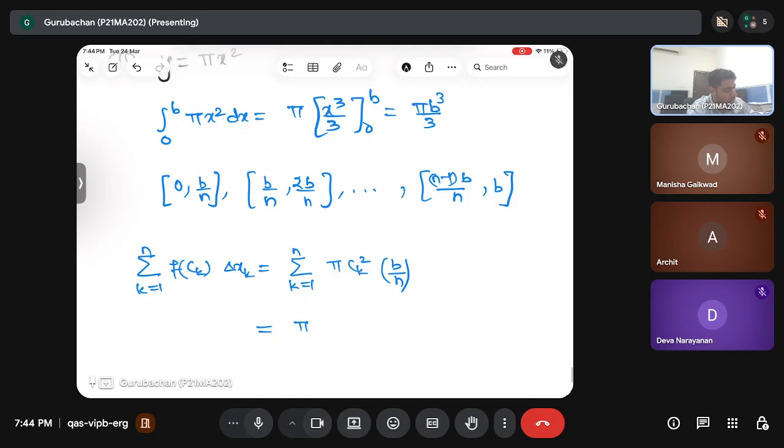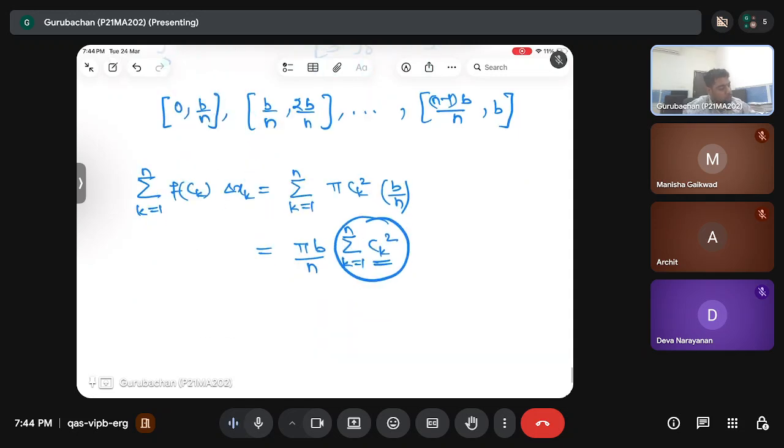From here pi and b will come out. In fact n will also come out, ck square. Now you don't know about this ck because ck can lie anywhere in the intervals.